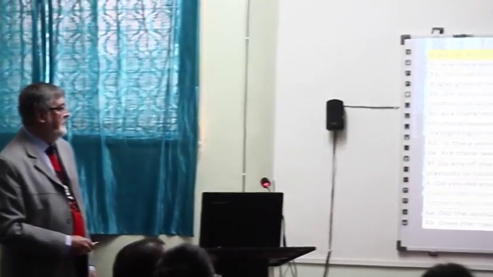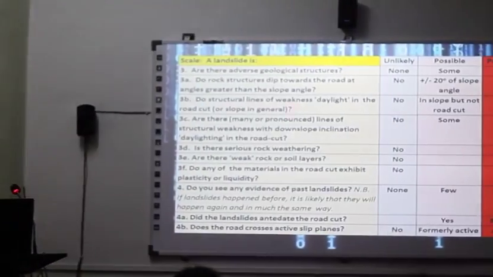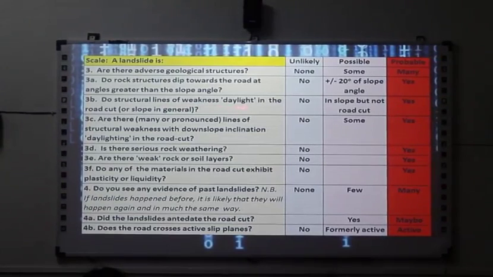Well, if they do, and there's a grey area in the middle, and it is rock structures rather than a true bed, then probably you have landslides. Do you have structural weakness, lines of weakness, daylighting in the road cut or the slope in general, particularly faults? Watch out for faults and large joints.